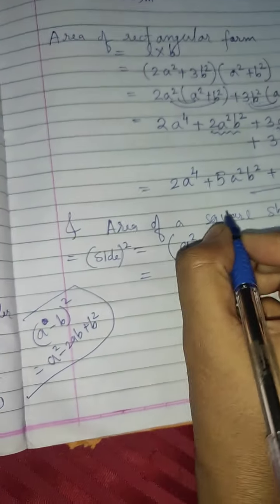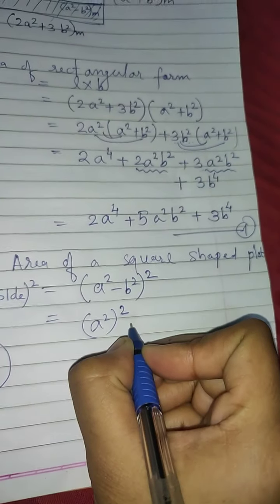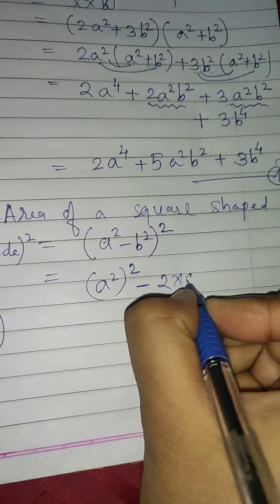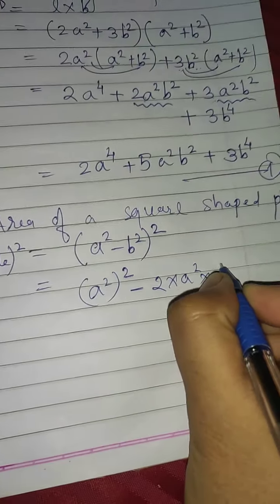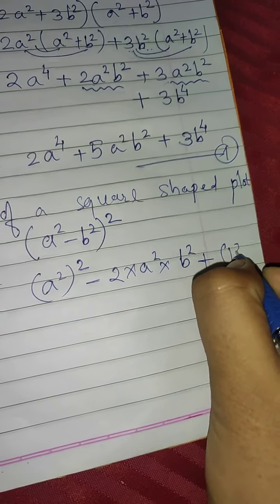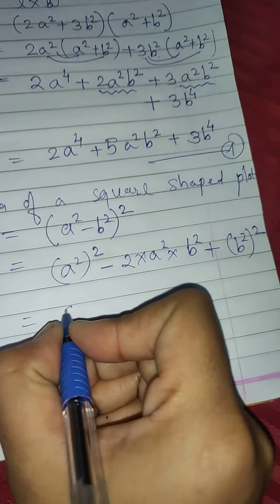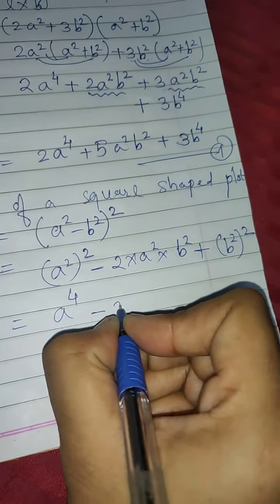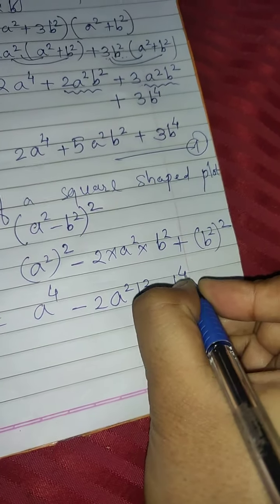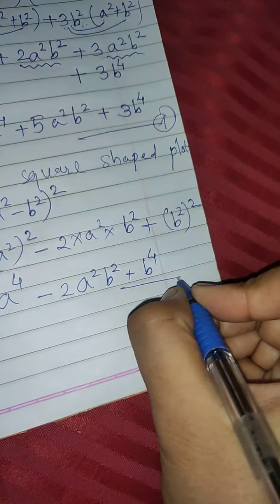So a square is already in square, so a to the power 4, minus 2 into a square into b square, then plus b square, already in square, so b to the power 4. So this is the area of square.